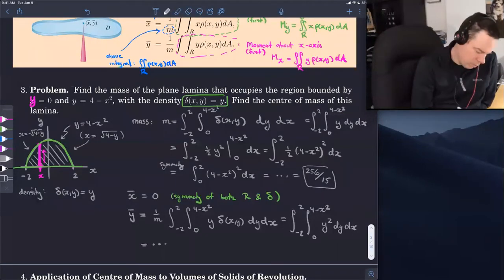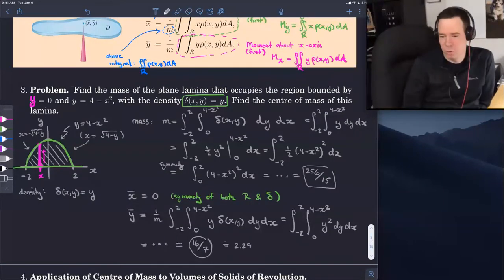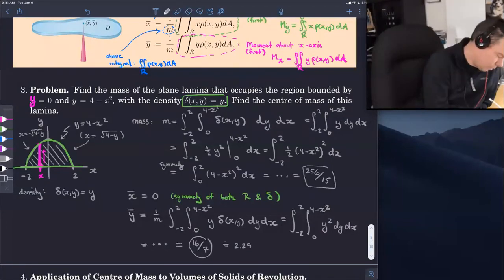Now it's an exercise in integration, so I'll leave the details of integrating to you, and this becomes 16 over 7, or approximately 2.29. Why do I want to write down approximately 2.29? Because once I found 16/7, I'd like to know where that is roughly in my diagram.